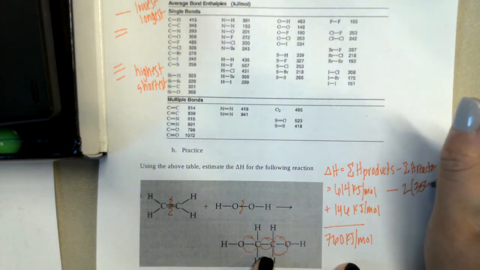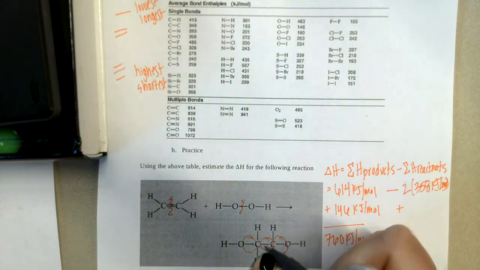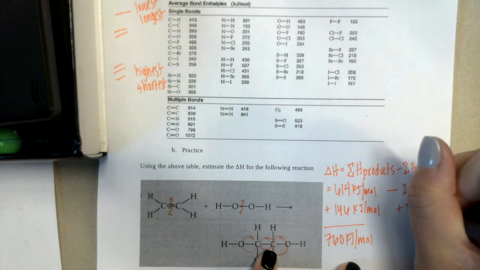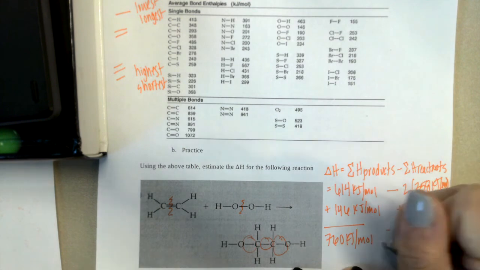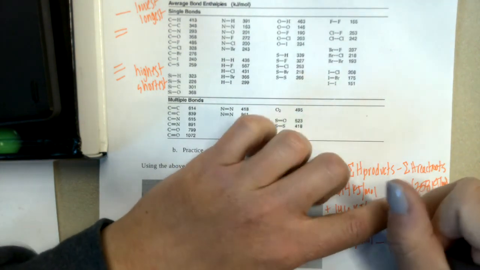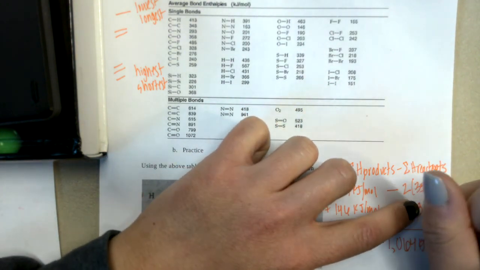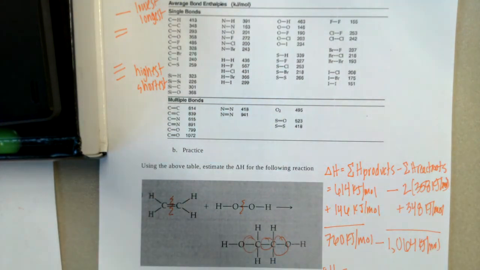So 2 times 358 kilojoules per mole plus a carbon-carbon single bond, which is 348 kilojoules per mole. Okay, so I'm going to subtract 2 times 358 plus 348. So I'm subtracting 1,064 kilojoules per mole. So the delta H for this reaction is going to be 760 minus 1,064.